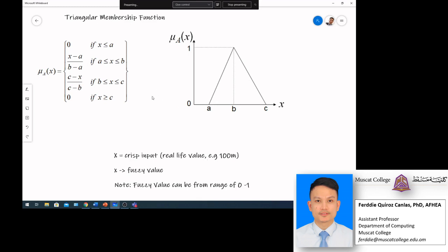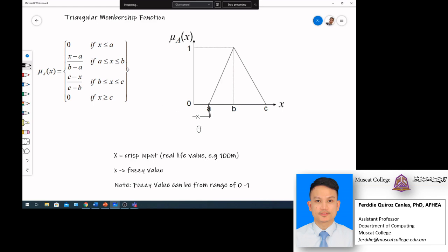So to begin with, let's go with the first one here. Let's say I have an x value. If my x is greater than or equal to my a, the value should be 0.